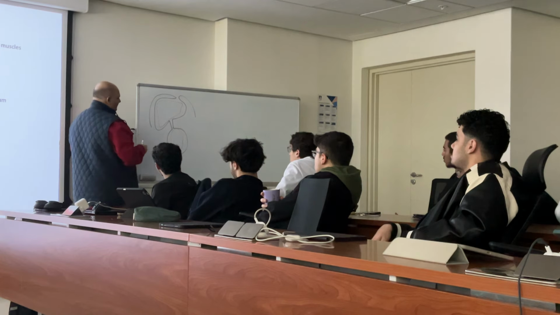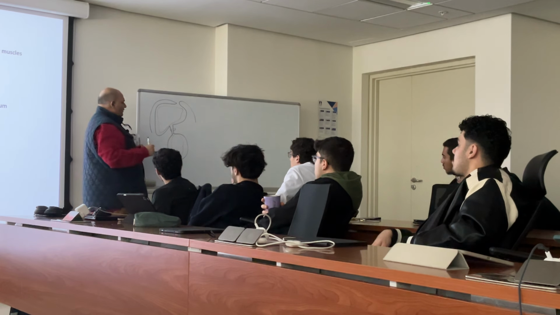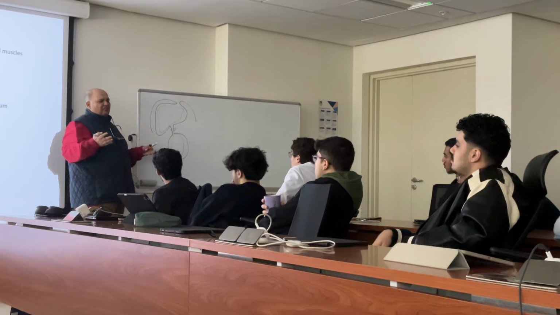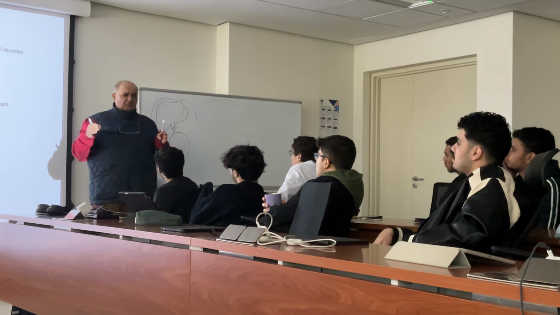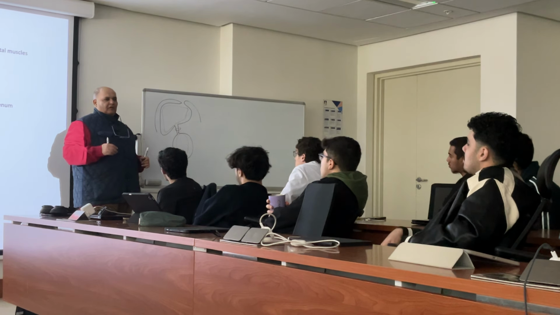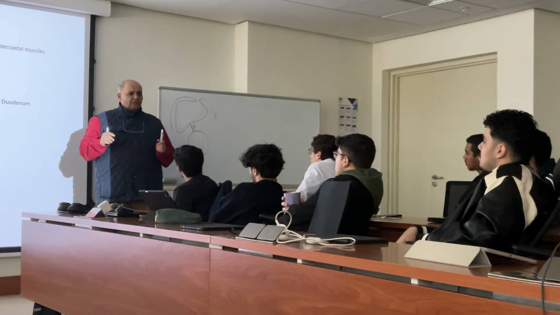Now, this fold of the peritoneum, this is lesser omentum. Lesser omentum, mesentery, you can say anything, but we have specific names in different areas. And this guy down is greater omentum. And what are they? They are two layers of peritoneum.